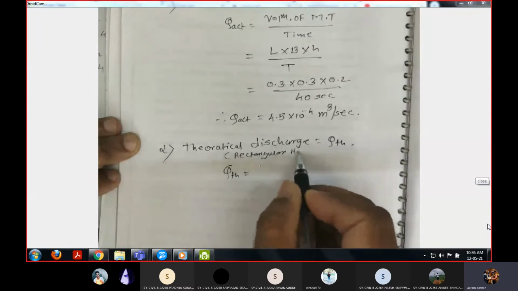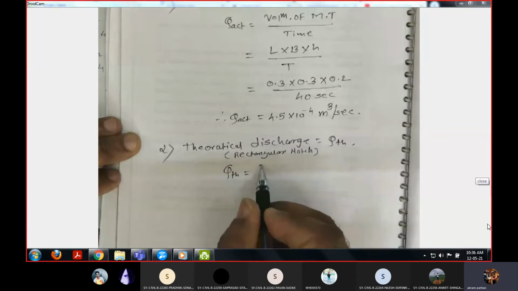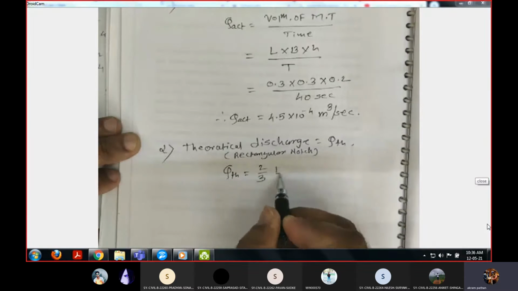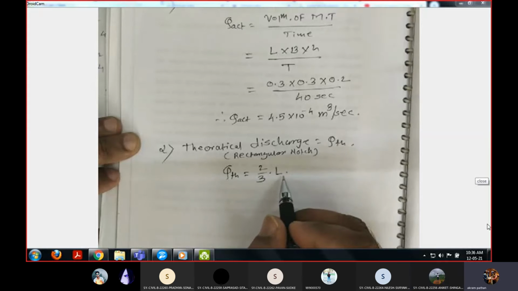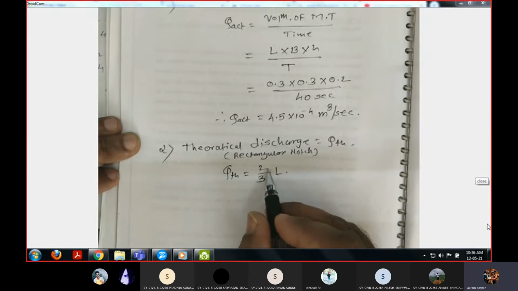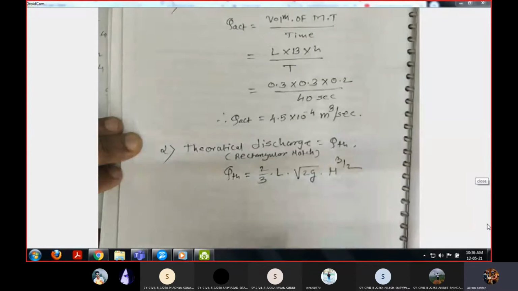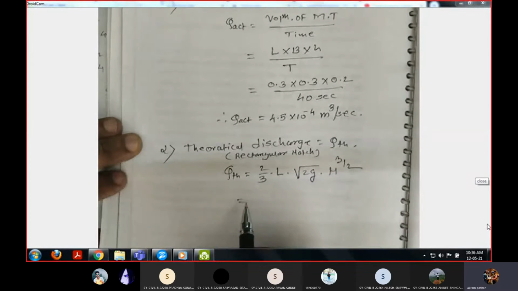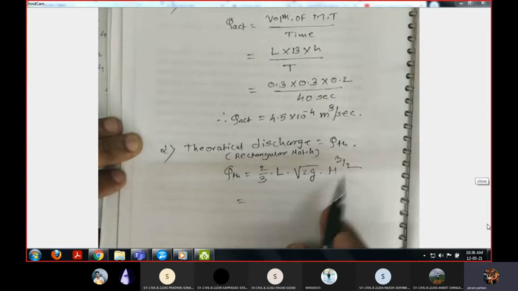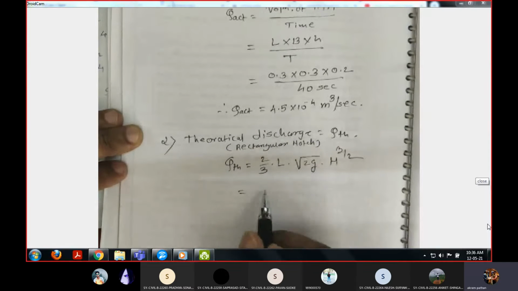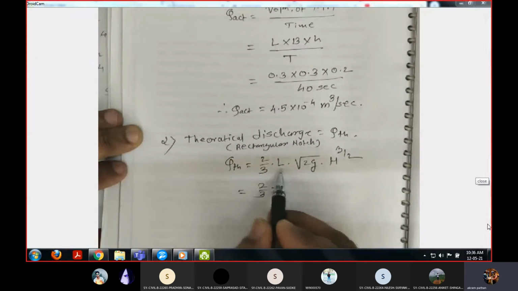Now for rectangular notch, so third L, आता इथं CD नाही घ्यायची, कारण आपल्याला कोएफिशिएंट ऑफ डिस्चार्ज काढायचा आहे. So 2/3 L root 2G H raised to 3/2. 2/3, this is the length of notch.